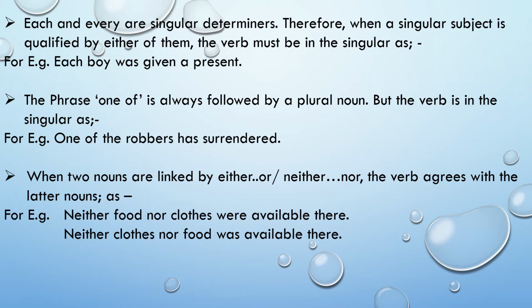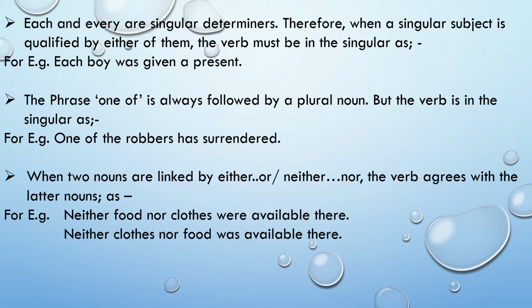The phrase one of is always followed by a plural noun. So when we are using one of in the sentence, children, remember the noun will be plural, but the verb is in the singular.